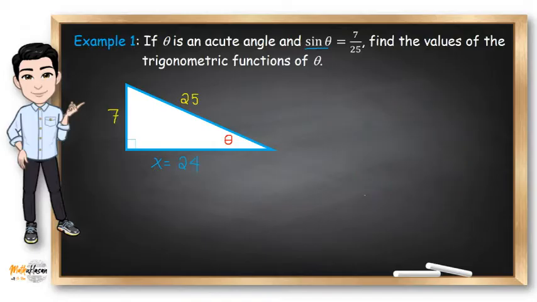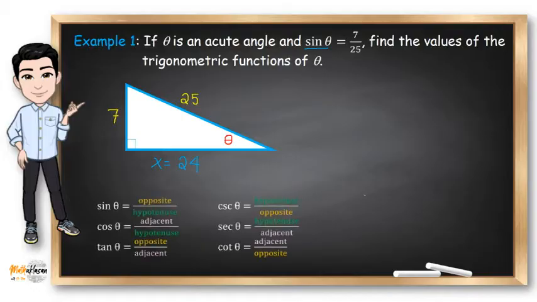Since we now know the value of the missing side, x, which is 24, we can now compute or solve for the missing trigonometric functions. So, if we're going to use SOH-CAH-TOA, sine theta will come first, right? Tapos na yung sine theta. So, sa susunod na tayo, CAH, which is adjacent over hypotenuse.